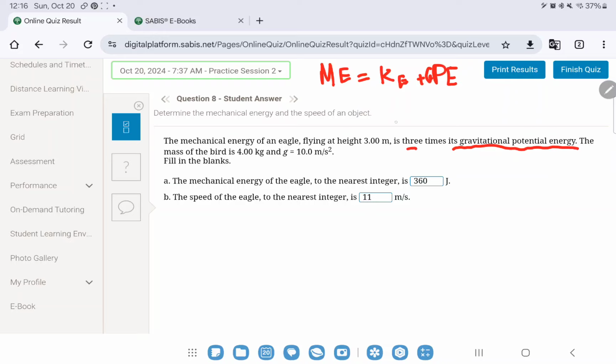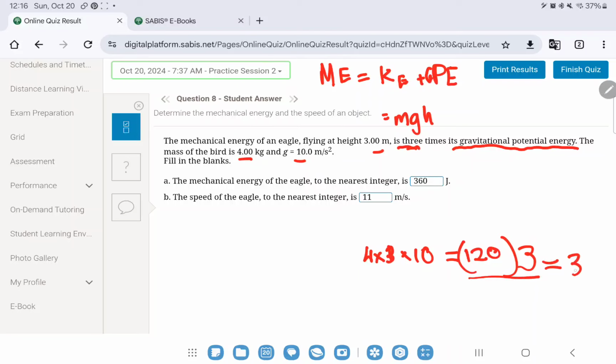How do we find GPE? It's equal to MGH. MGH is 4 kg, 3 meters and 10. So 4 times 3 times 10 is going to be 120. If this is your gravitational potential energy and they told you your mechanical energy is 3 times it, you multiply by 3 and you get 360. 360 is your mechanical energy. That's it for this part of the question.